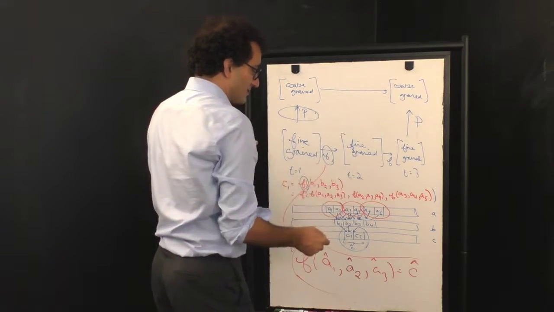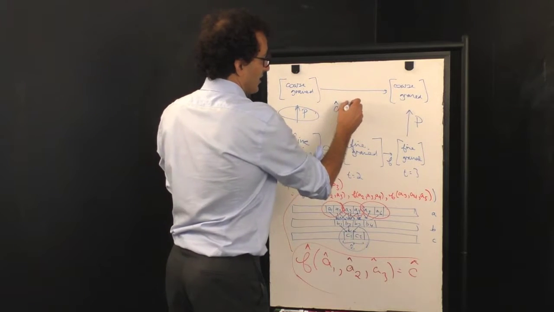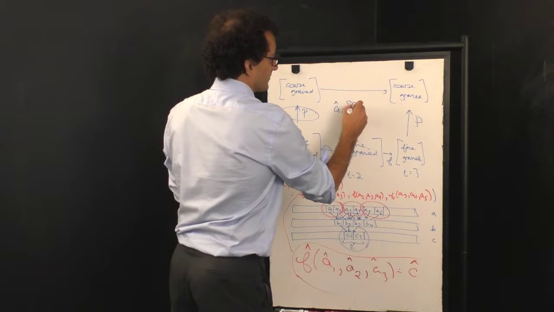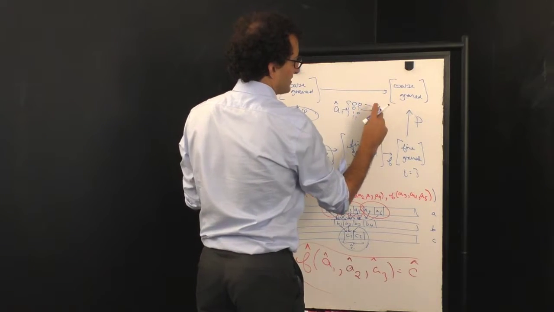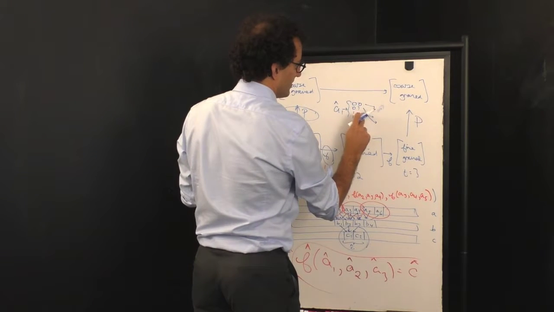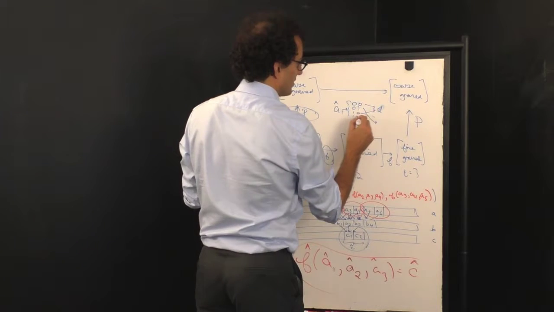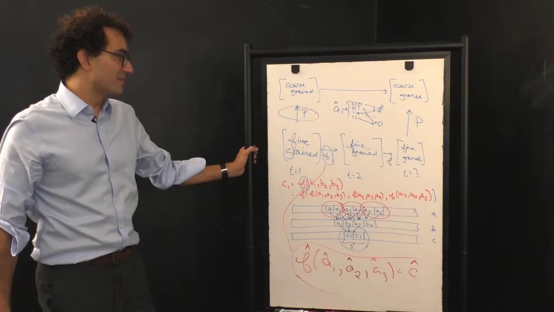And what p is going to do is map a supercell such as A hat 1, which takes on 4 possible values, to some set of choices of a single binary variable.